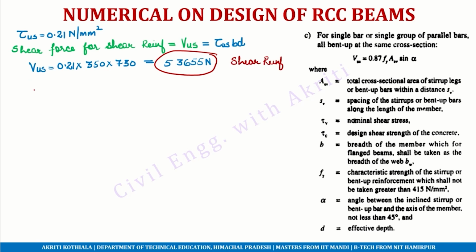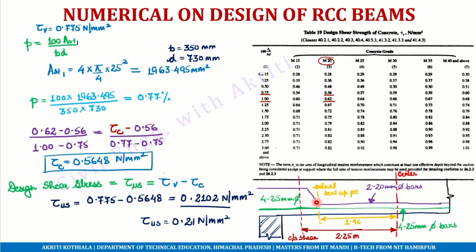Now remember that we have to bend up the 20 diameter bars. So from clause 40.4c, for a single bar or single group of parallel bars all bent up at the same cross section. Same cross section means that, as you can see, we are bending up both the bars at this cross section. There might be cases where we bend them up at different cross sections, which is a discussion for another time.